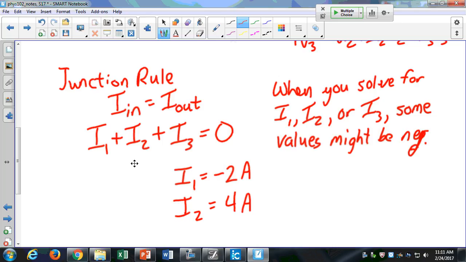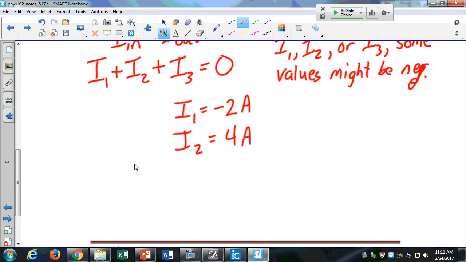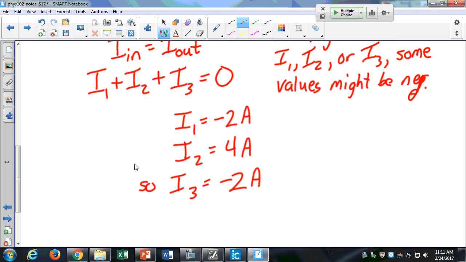I2, let's say, is 4 amps. What would I3 be? In order for this equation to be correct, I3 would have what value? Negative 2. So I3 would equal negative 2. What that means, and it depends on your voltages, right, I just chose some numbers, is that for I1 and I3, the directions are opposite what you wrote.